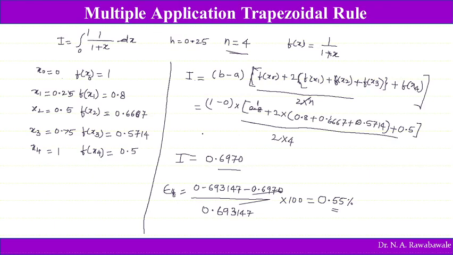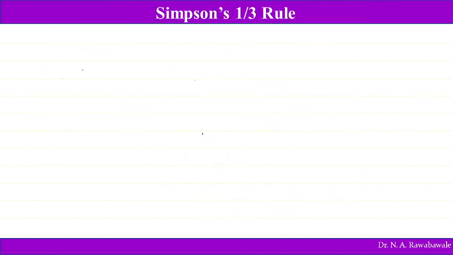So now coming to Simpson's one-third rule. So what happens in Simpson's one-third rule? Now let us consider one function. So this function follows this path, and we want to find out the area below this function.